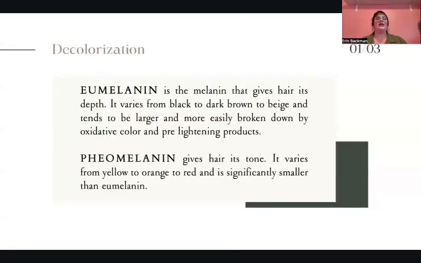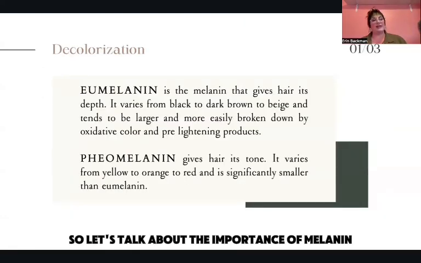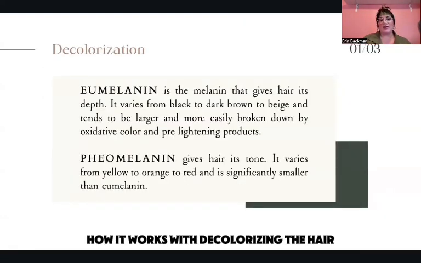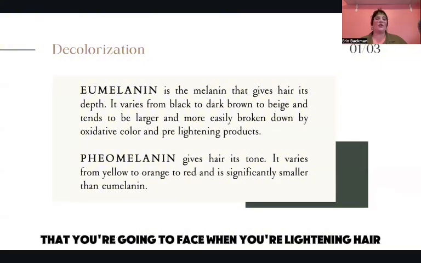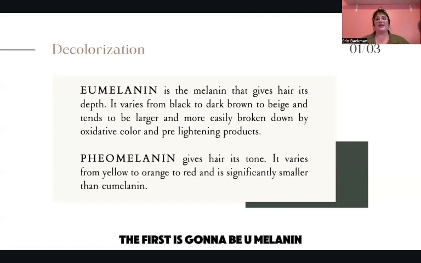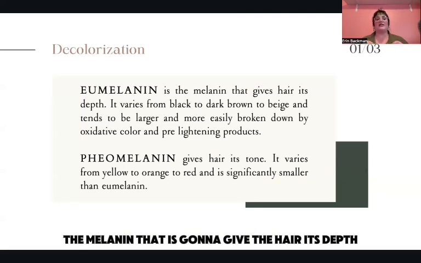So let's talk about the importance of melanin, and in particular, how it works with decolorizing the hair. There are two main types of melanin that you're going to face when you're lightening hair. The first is eumelanin, and this is the melanin that gives the hair its depth.